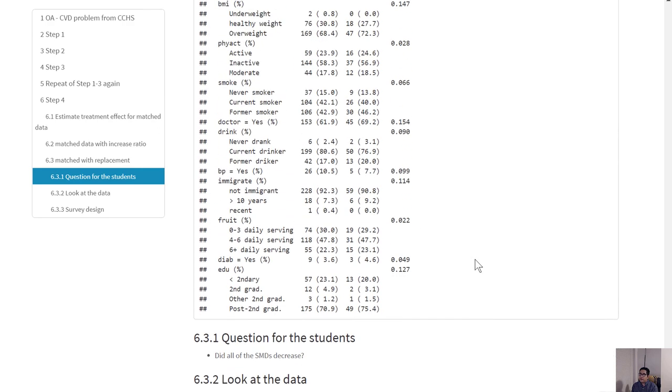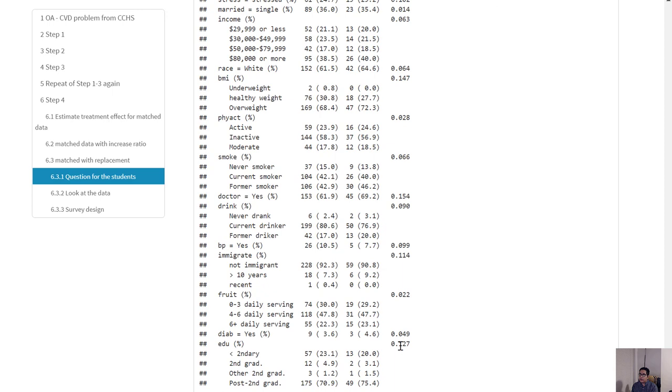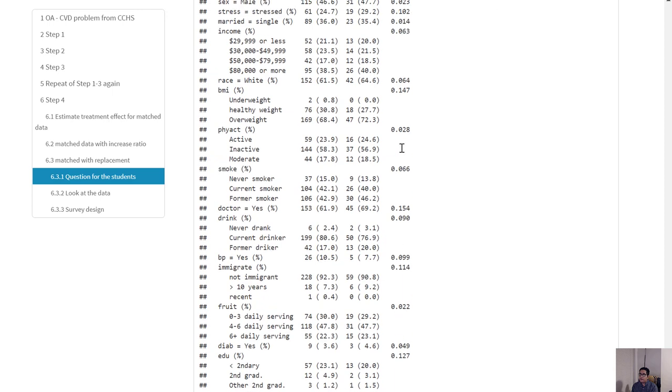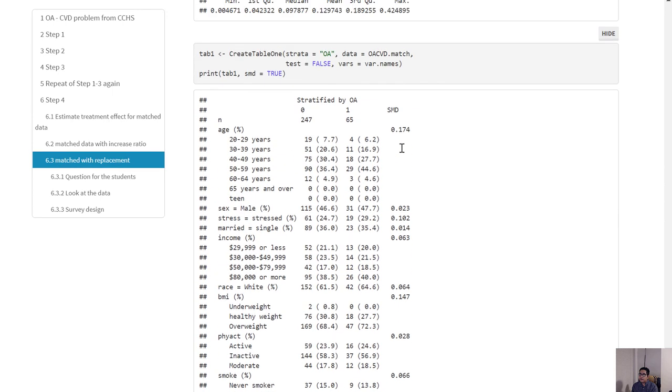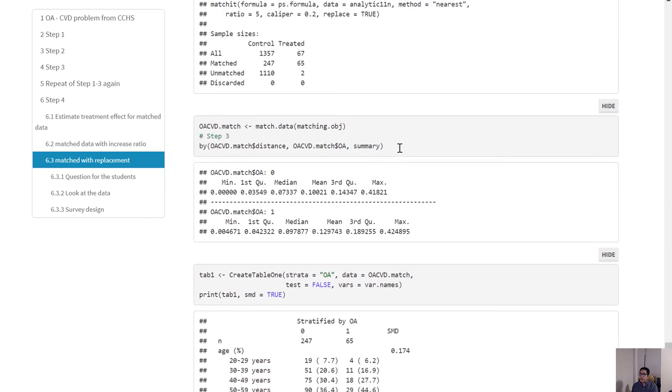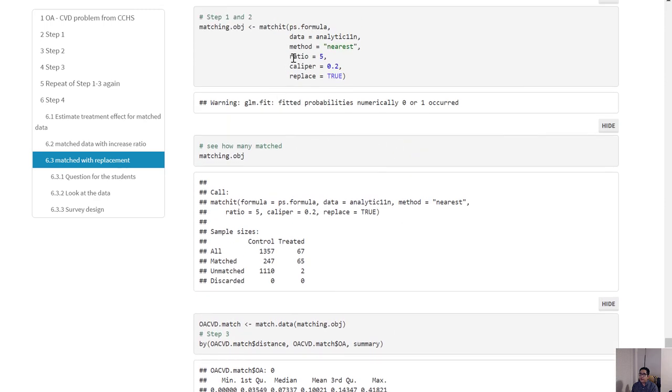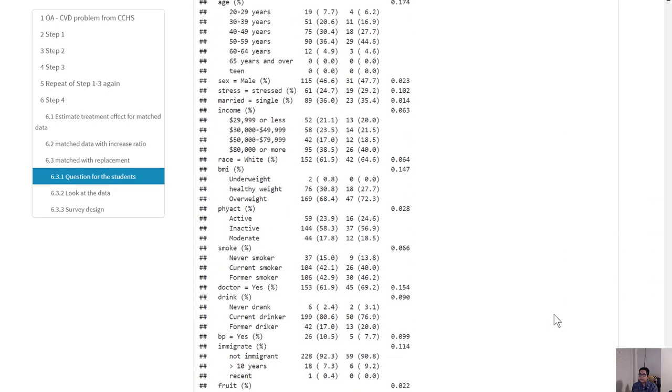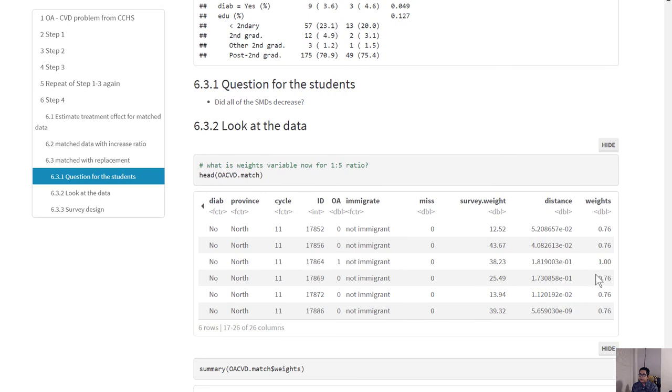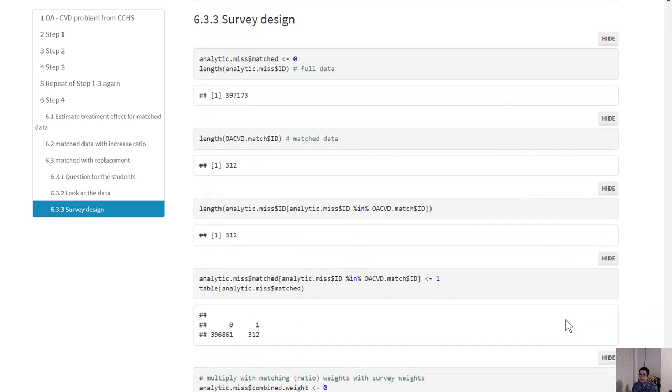And look at what we got here. So you can see none of these SMDs are greater than 0.2 when we added not only 1 to 5 ratio matching, we also added the caliper and we also used the with replacement. But as a consequence of using these advanced options, we are getting these matching weights that we need to take into consideration.